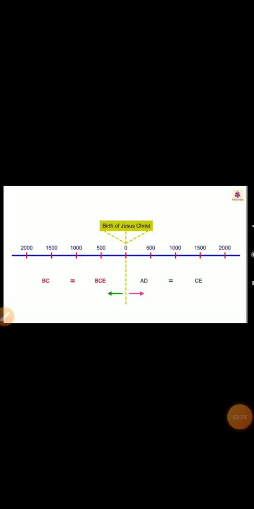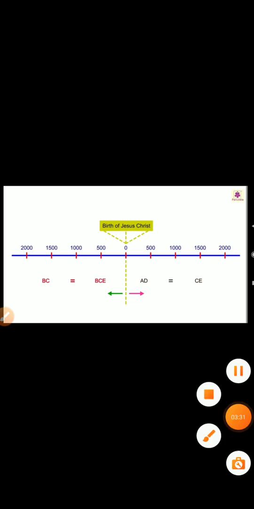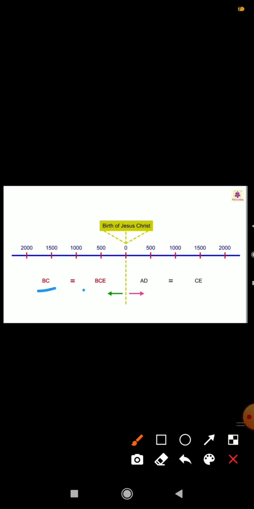The historians developed a special method for counting the years. They used the letters such as BC or BCE, AD, and CE to describe the time.